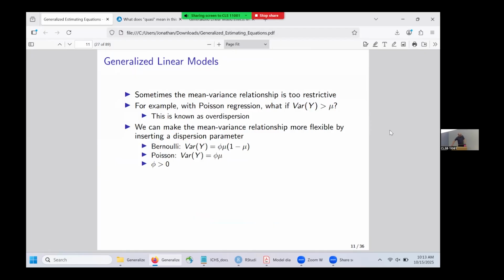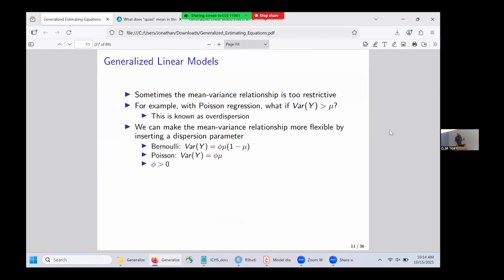We're literally just saying, if we start with the Bernoulli distribution, instead of saying variance is equal to mu times 1 minus mu, we're just going to insert this phi and say the variance is equal to phi times mu times 1 minus mu, and do something similar for Poisson. The phi is going to be greater than 0 because the variance needs to be non-negative, but it's going to be just any positive constant.